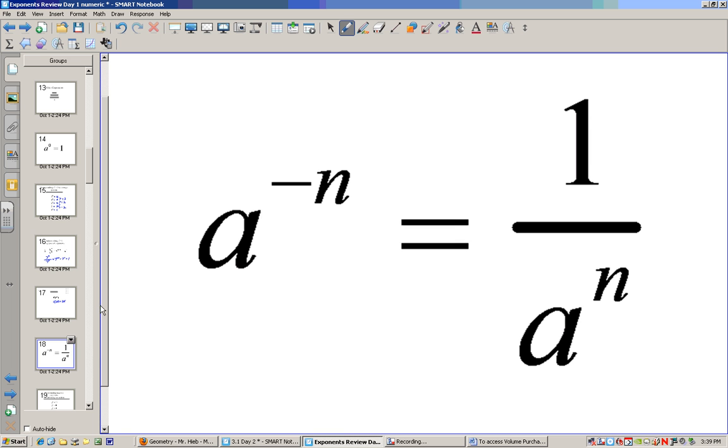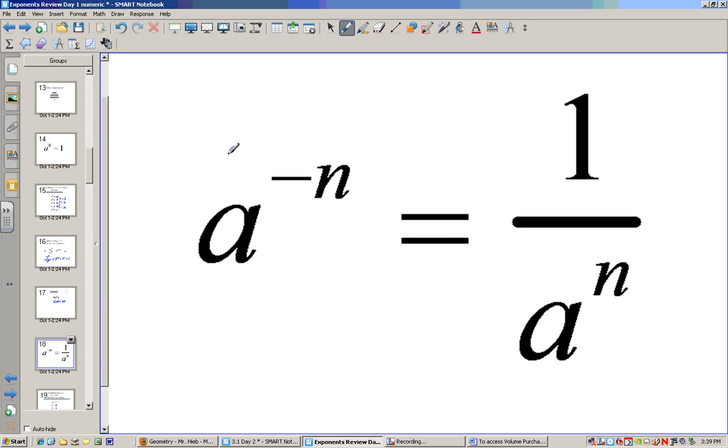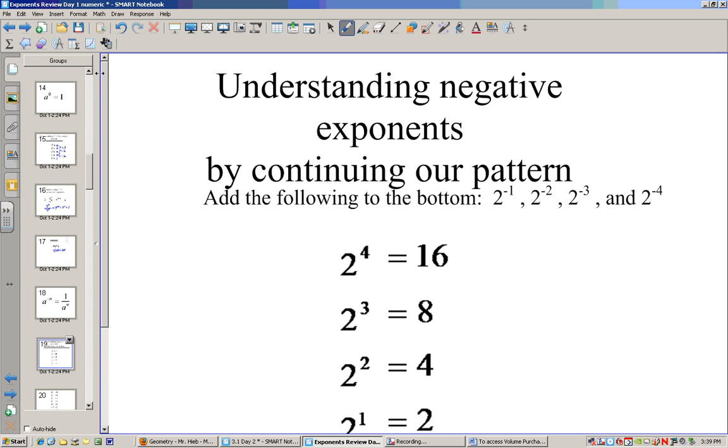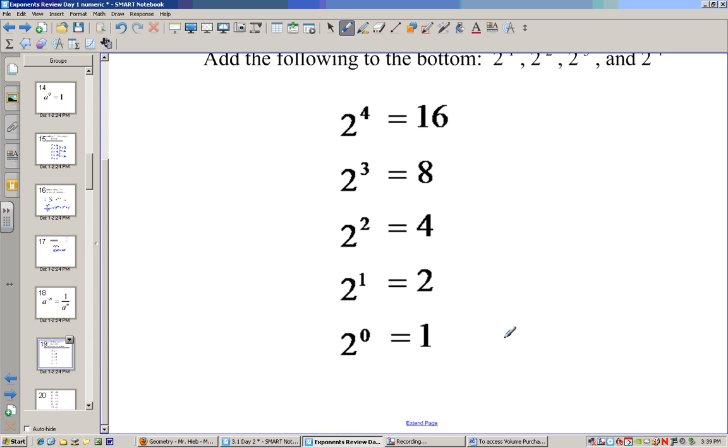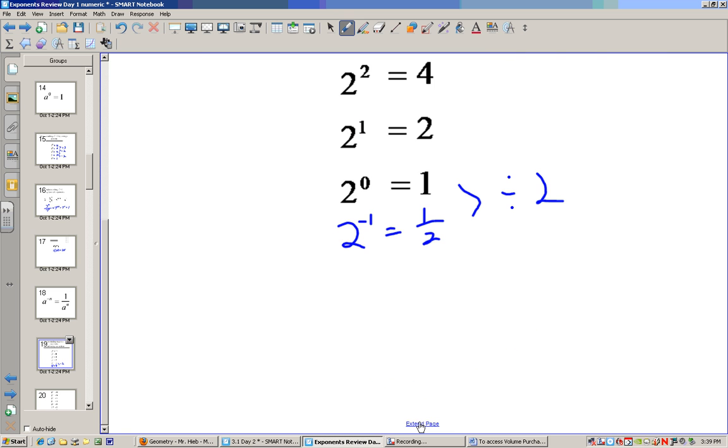A to the negative n is equal to 1 over a to the n. So if we follow this pattern down, we got to here. And if we keep dividing by 2, 2 to the negative 1, remember we're dividing by 2, so that would be 1 over 2. 2 to the negative 2 will be 1 over, if we divide 1/2 by 2, that would be 1/4. 2 to the negative 3 would be 1/8.